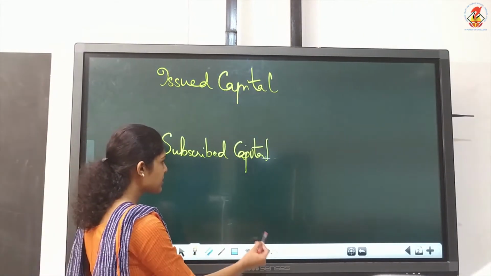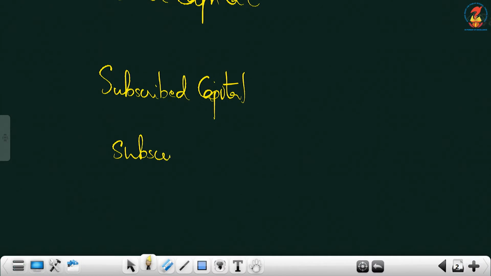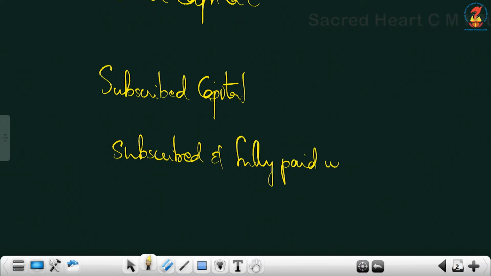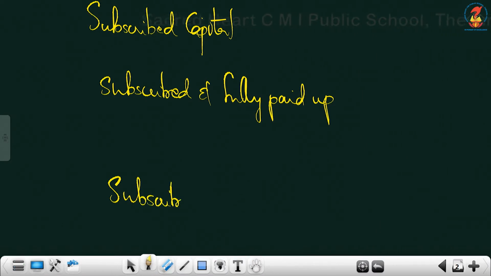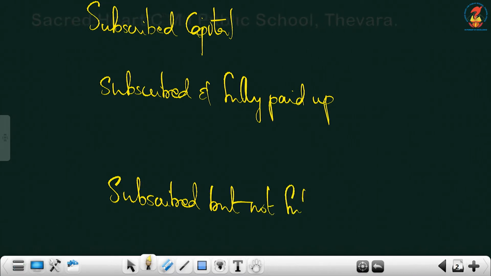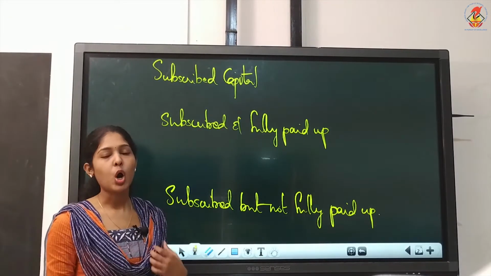Okay, so under subscribed capital, we have two divisions: subscribed and fully paid up, and second, subscribed but not fully paid up.